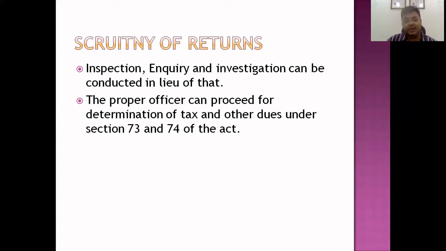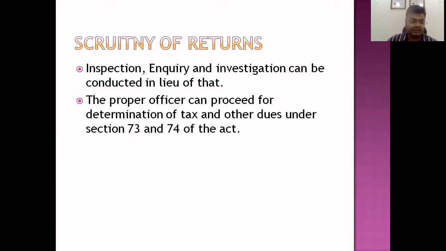There is one very important matter in scrutiny of returns: it allows a person to correct his mistake in the month in which the notice is issued. But currently, section 39(9) says that a person cannot correct in the return any omission or error that is seen by the proper officer after scrutiny, investigation, or any departmental inquiry.